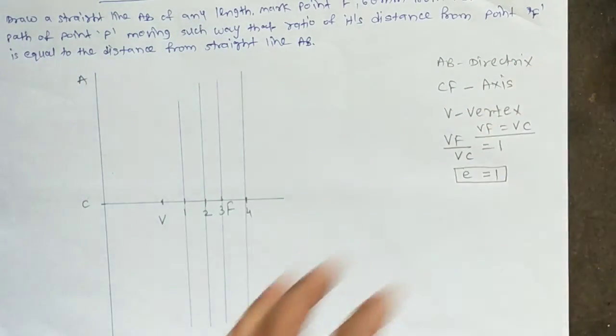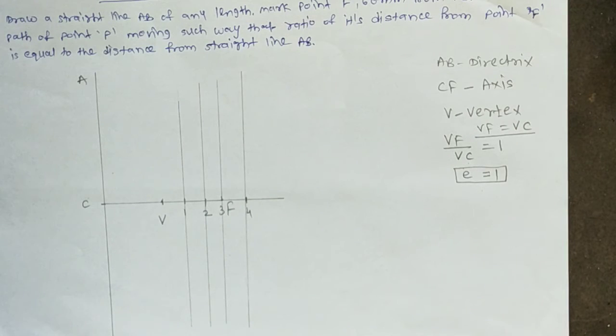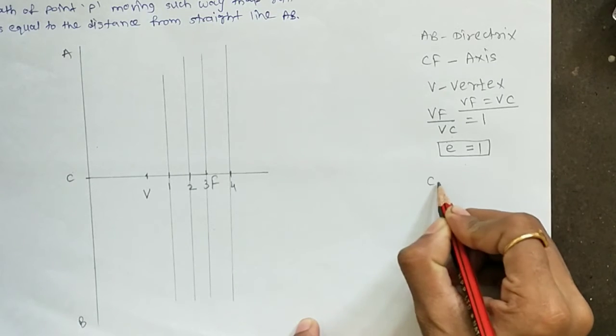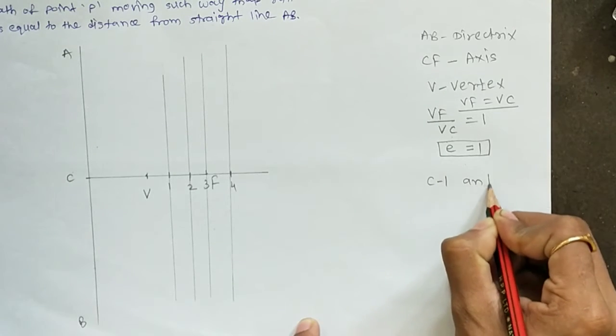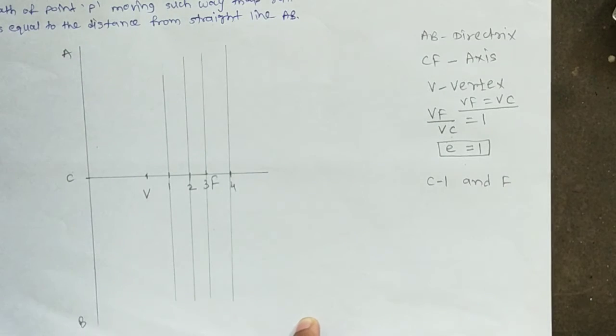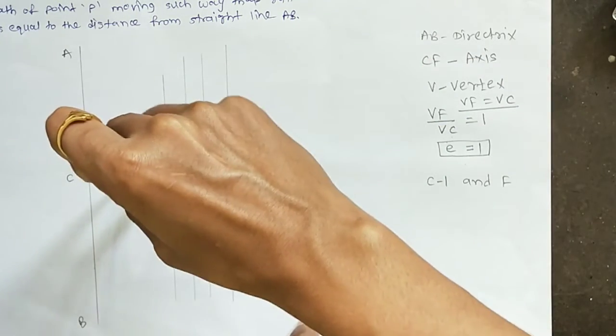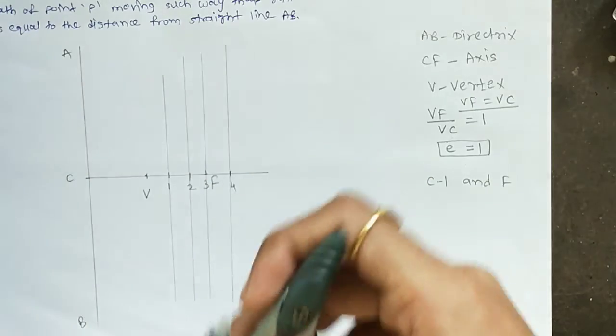Now next task is take C1 distance and F center. So take C1 distance in your rounder and point F as center.